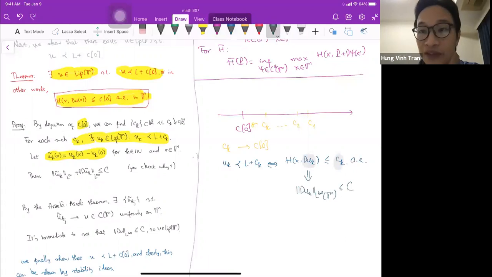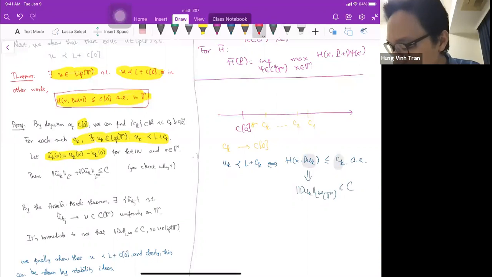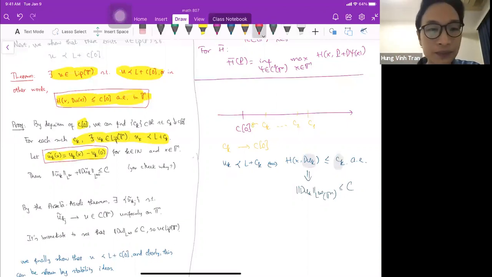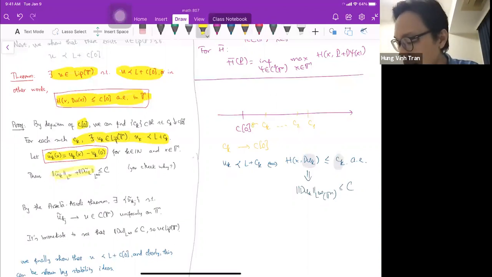However, it's not enough to conclude that UK itself is bounded, because UK you can shift to any constant and it still satisfies the same thing. That's what we proved earlier. So we have to normalize it, subtracting a constant, UK at 0. I ask you to check why you have this.